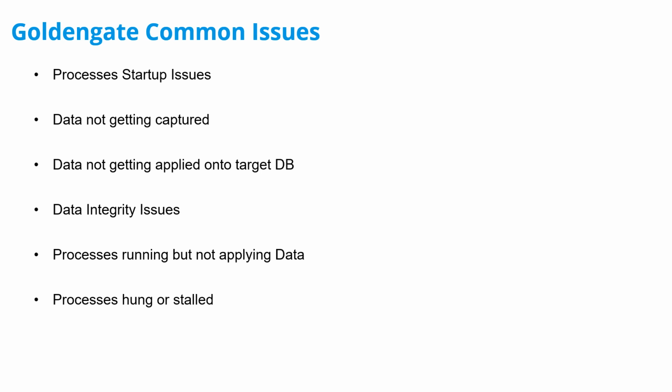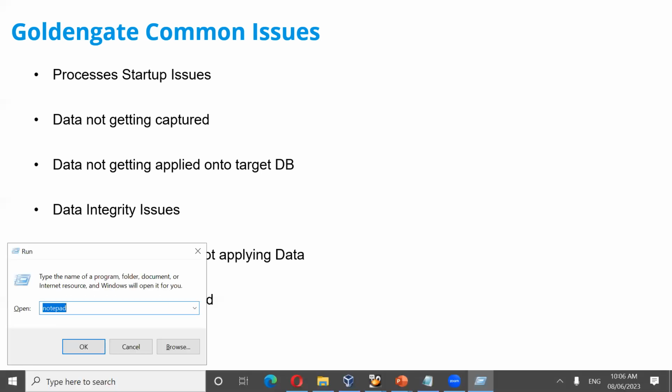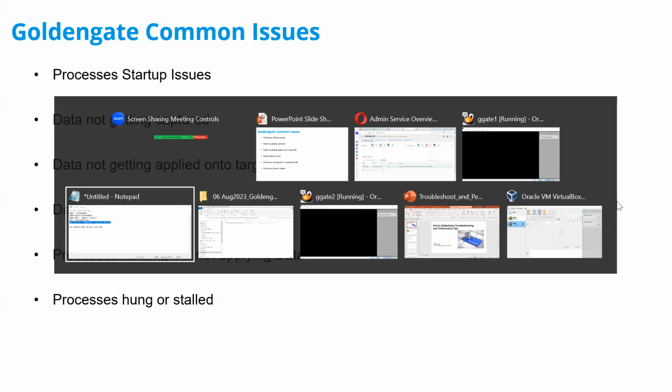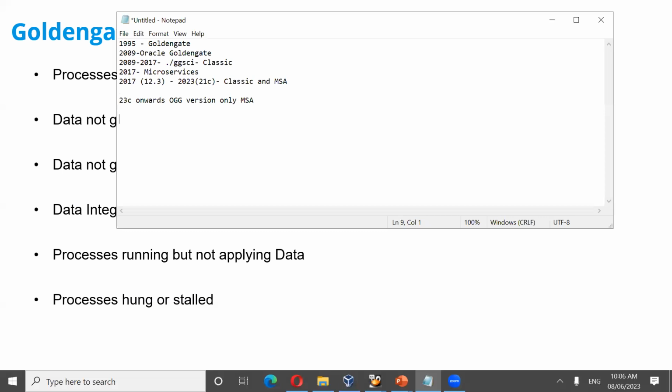First of all, we have to understand one thing. There are three processes involved in GoldenGate replication: extract, pump, and replicate.